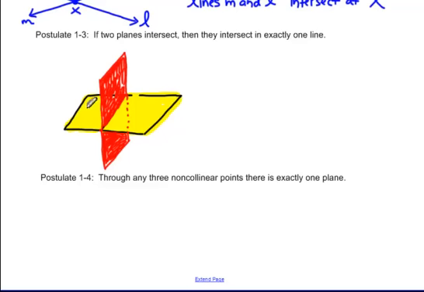All right, so where are they intersecting? Let's call this plane capital P, the yellow one. Let's call the red plane capital Q. So I have planes P and Q intersecting. Now they are crossing, they are touching. Where are they crossing or touching?